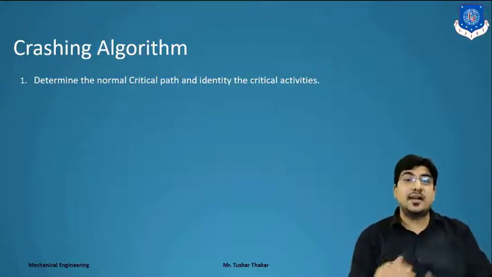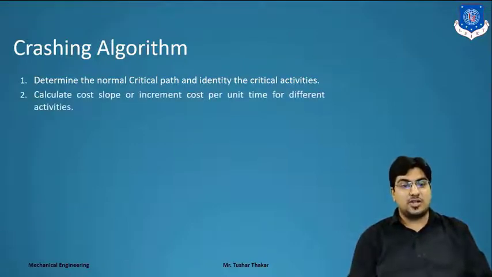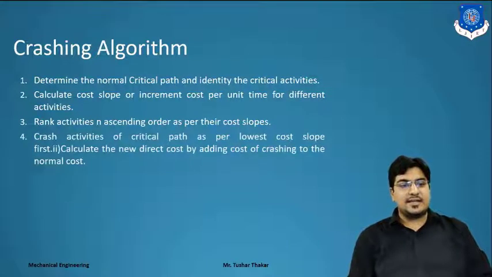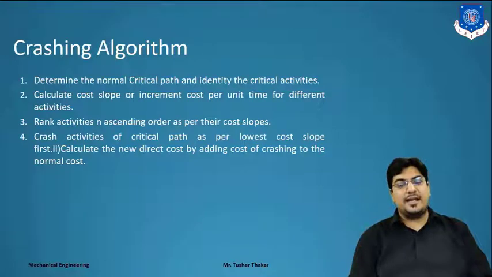After that, we identify which activities we have to crash, or reduce the time duration of. Clear? Next, calculate the cost slope, or incremental cost per unit time. Next, arrange activities in ascending order as per the cost slope. Next, crash the activity of the critical path as per the lowest slope and calculate the new direct cost by adding the cost of crashing to the normal cost.